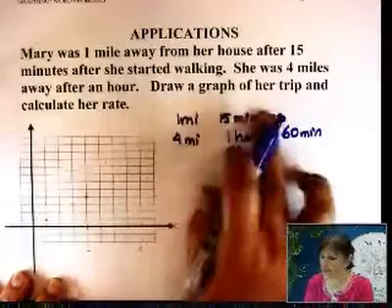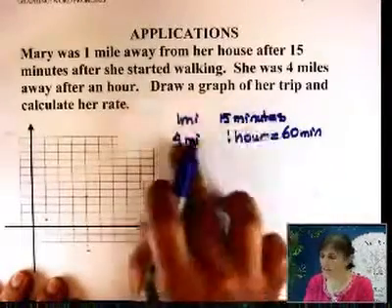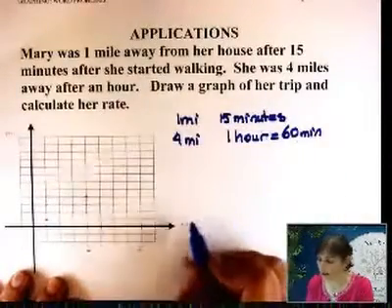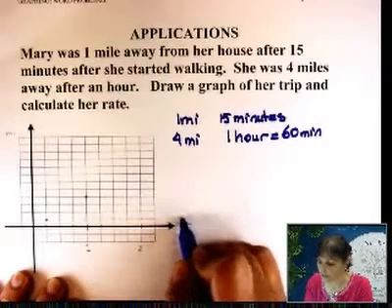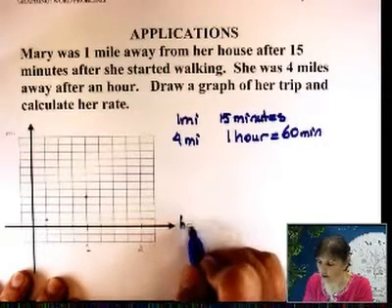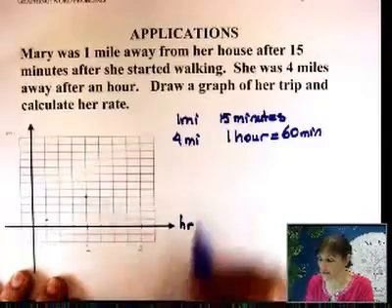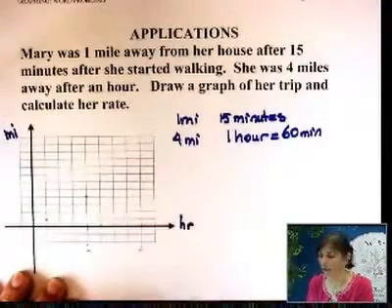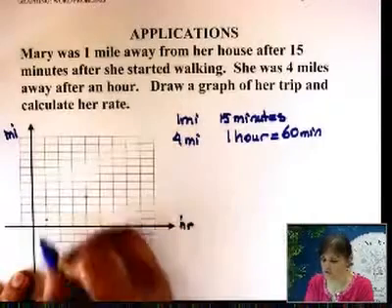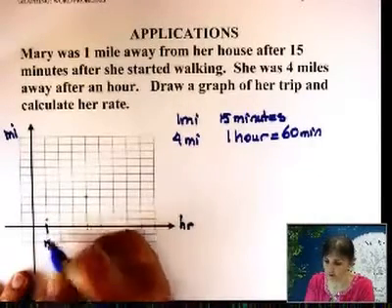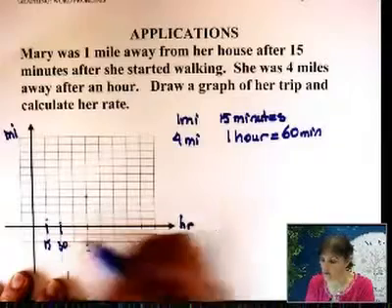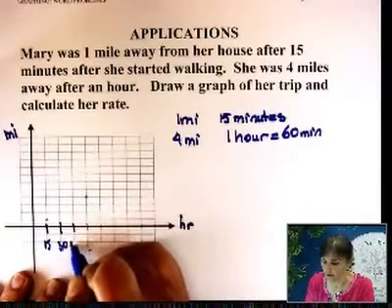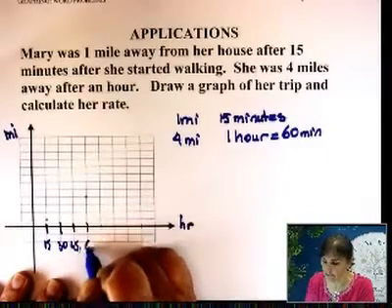Okay, these two match, miles and minutes. I am probably putting the minutes or hours on the x-axis and the miles on the y-axis. If I'm doing every 15 minutes: 15 minutes, 30 minutes, 45, and 60 minutes.